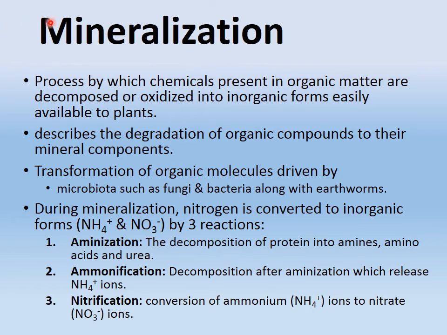So for today, we just want to go through the various reactions or the various forms that the nitrogen atom will take as it moves within the nitrogen cycle. Or if you want, we want to look at the fate of the nitrogen atom in the soil, the various reactions that take place concerning nitrogen in the soil.